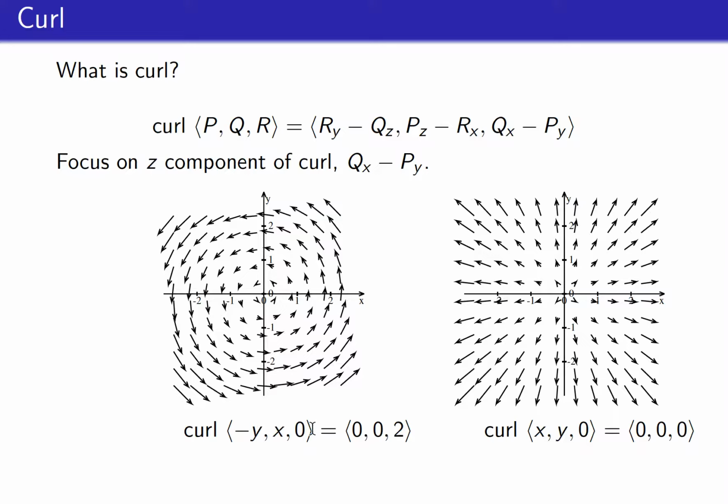This is guaranteed to be 0. That's how I got these two zeros here. And this one, partial derivative of q with respect to x, we just have to calculate. This is q. Partial derivative of this with respect to x is 1. Minus partial derivative of this with respect to y, which is negative 1. So 1 minus negative 1, 1 plus 1 is 2. So that's what this z component is.